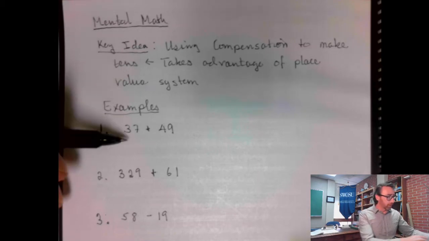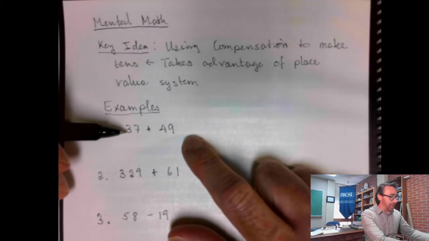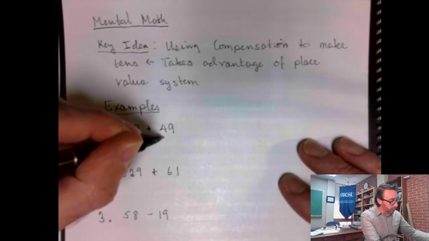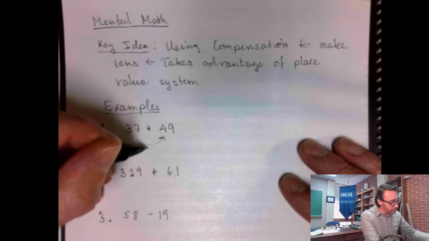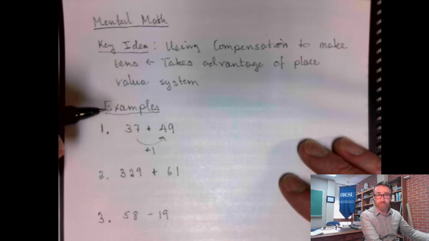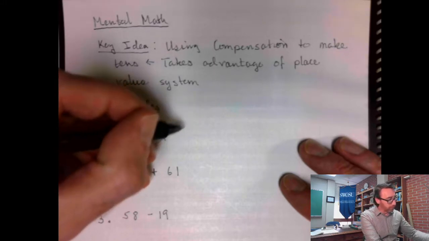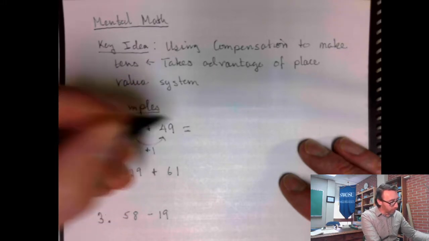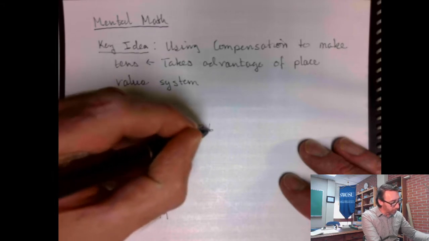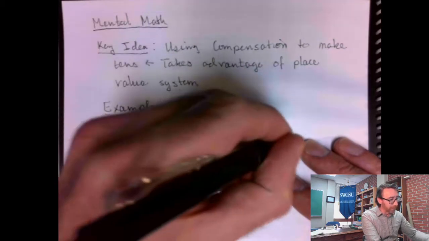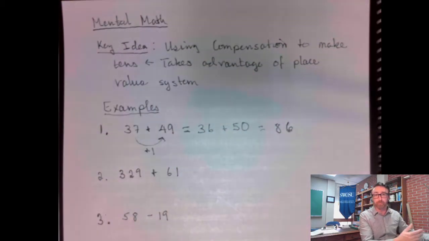If I was to add 37 plus 49, what we might do is say that 49 is pretty close to 50. So we would take 1 away from the 37, and turn this into not 37 plus 49, but 36 plus 50. Then we do the computation and get 86 as the answer.